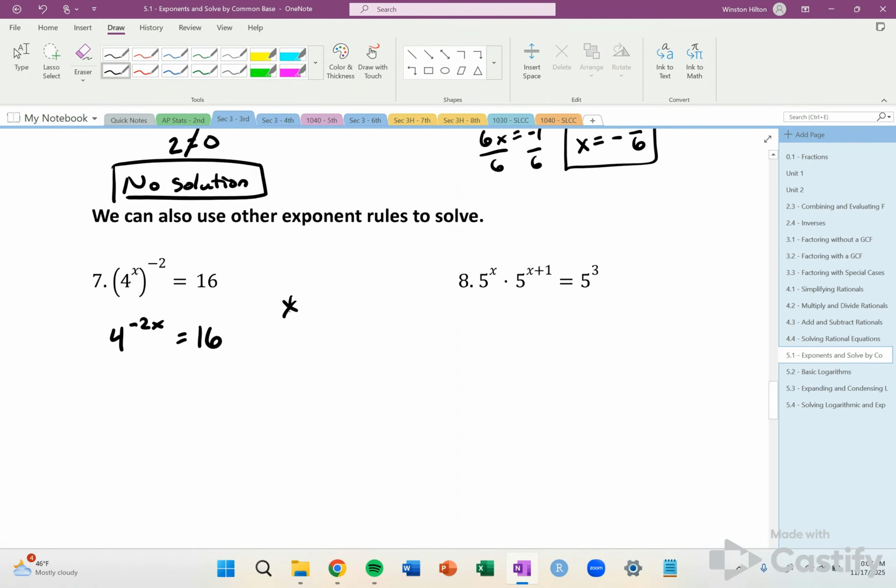Let's rewrite 16 as 4 squared. So 4 to the power of negative 2x is equal to 4 squared. Drop the bases. Negative 2x equals 2. Divide by negative 2. x is equal to negative 1.